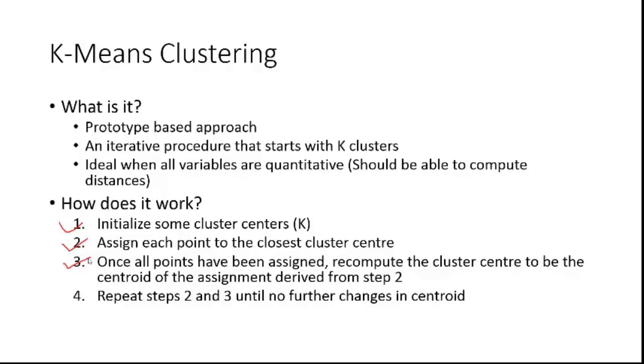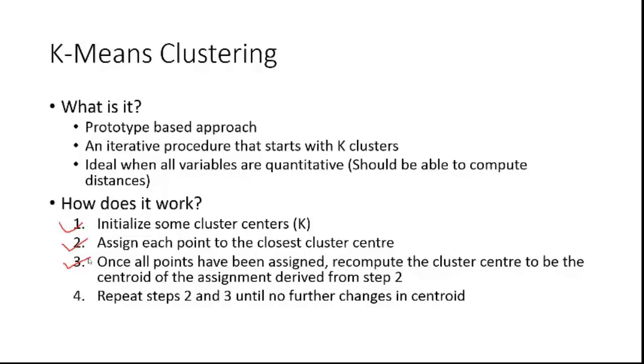So across those dimensions, what's the center? So once all these points have been assigned, you compute a new cluster center based on the centroid, and essentially you forget the old cluster center, and now this new cluster center is your cluster center.